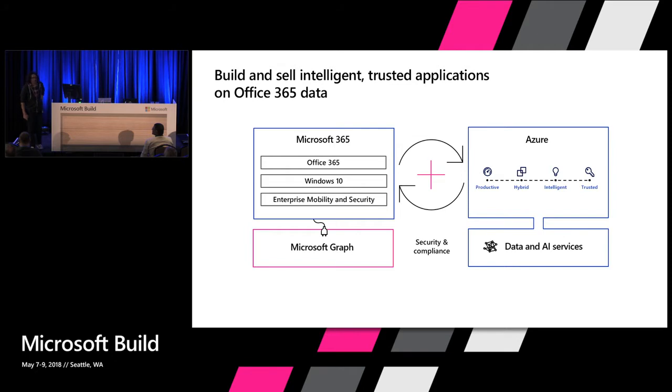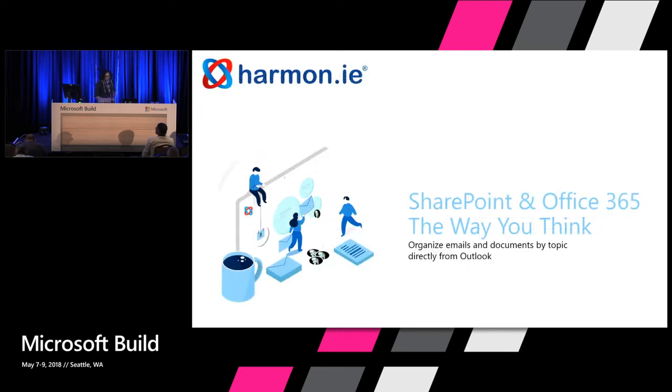So we really want to combine these things so that you can work with them together. So we're adding capabilities so that you're able to do this. To start, I want to talk about a couple of customers that we've already been working with on what they've been able to do with this. The first one is Harmony.